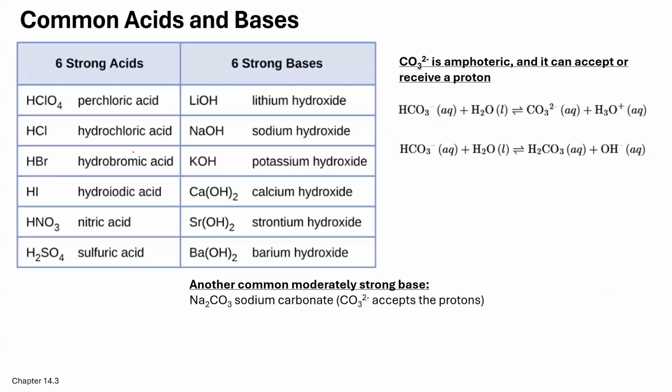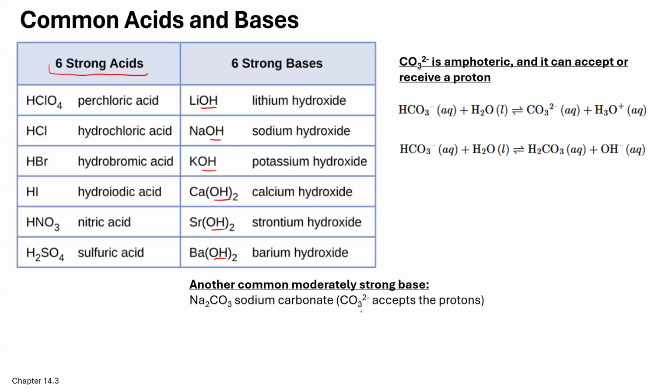Here is a list of some common acids and bases. Six strong acids: perchloric, hydrochloric. We named a bunch of these during the nomenclature lab. Six strong bases. Keep a look at something here: most of them are hydroxides, but there are other ones. A very common one is sodium carbonate, CO3 2-.